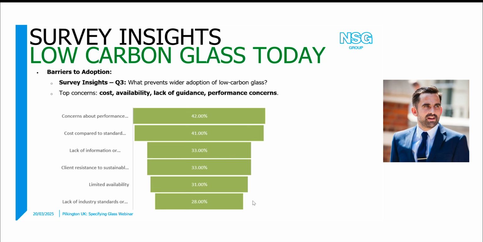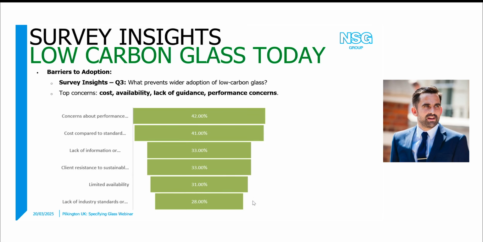So more survey insights this time. For question 3 in our survey: what prevents wider adoption of low carbon glass? We can see at the top of the list there, 42%. Well, it's concerns about performance and durability. 42% of people answering the survey mentioned this point.